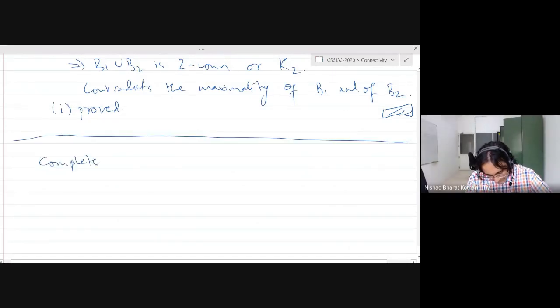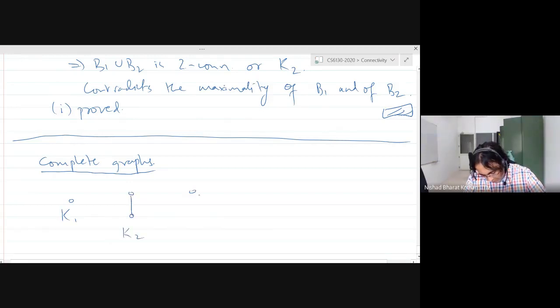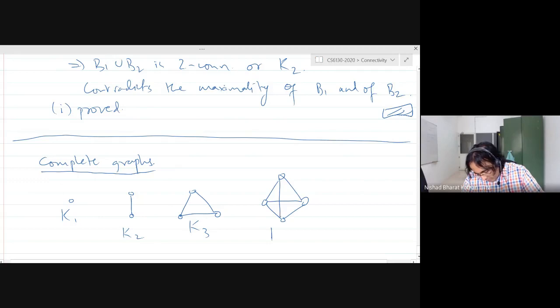Just like we have discussed cycle graphs, there is an important class of graphs called complete graphs. This is K1, this is K2, this is K3, this is K4, and so on. So what does it mean?